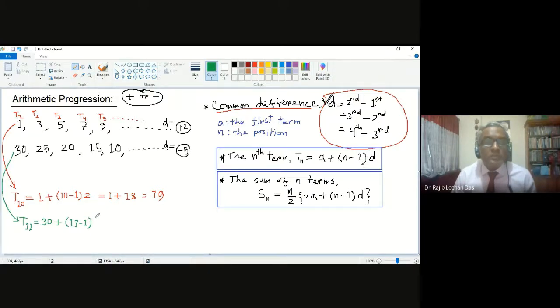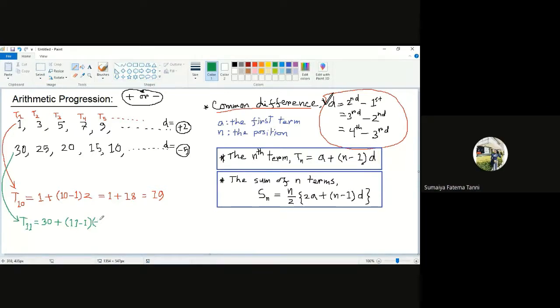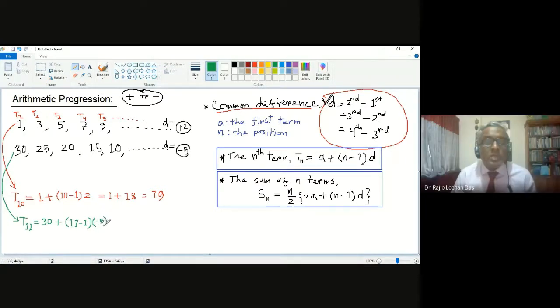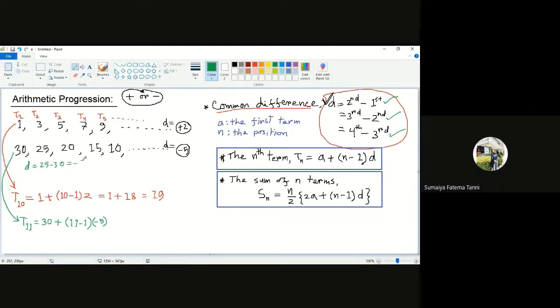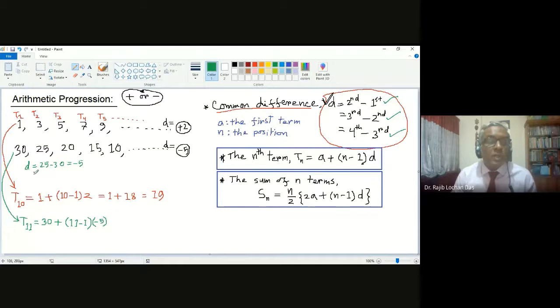Minus 5. Why minus 5, sir? I didn't understand. Because I told you d is second minus first, or third minus second, or fourth minus third. So you will find d equal to 25 minus 30. Clear or not clear? Clear, sir. Or you can find 20 minus 25, or 15 minus 20.